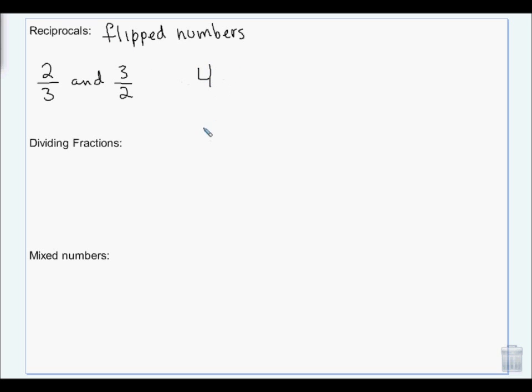If I have a whole number, the reciprocal of a whole number is 1 over that number. If your number to start out with is negative, your reciprocal is also negative. So you just flip them over. That's all reciprocal means, is flipped over.